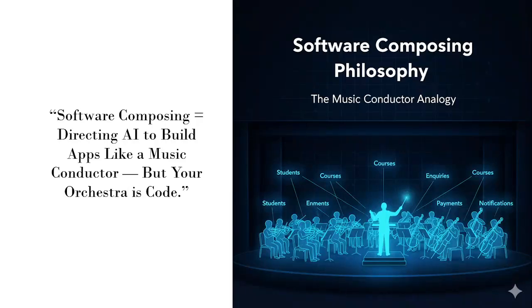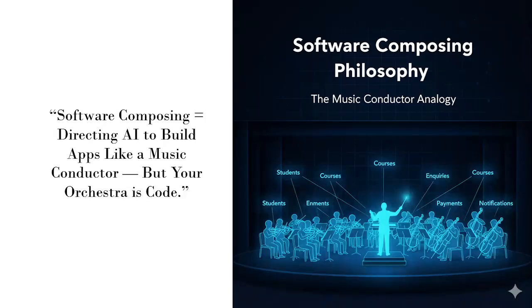Then you have the modules which perform various functionality. Your work is just to pick which module does what, and every module just plays its role. So you are like the music conductor, but your code is the orchestra.